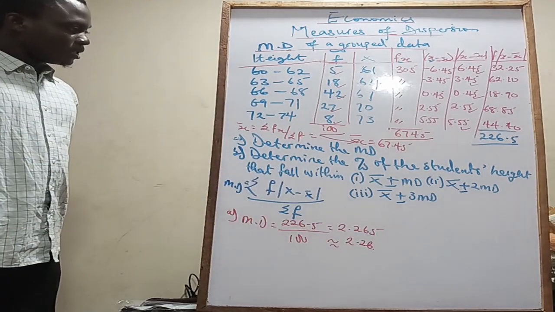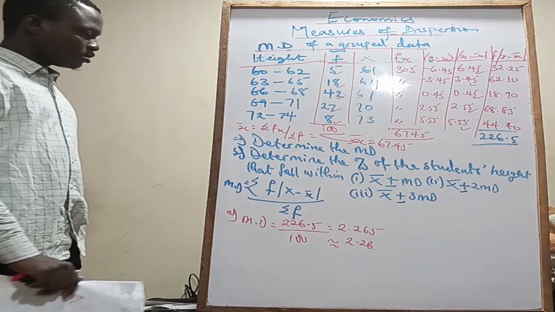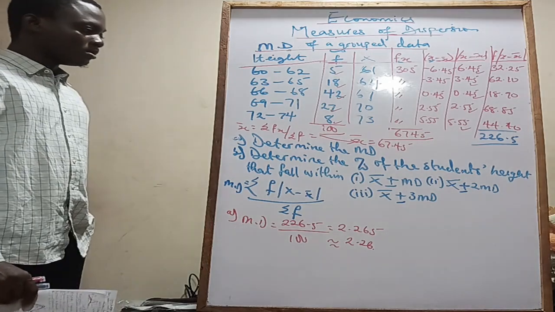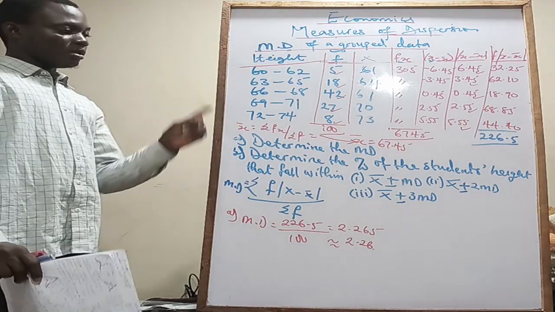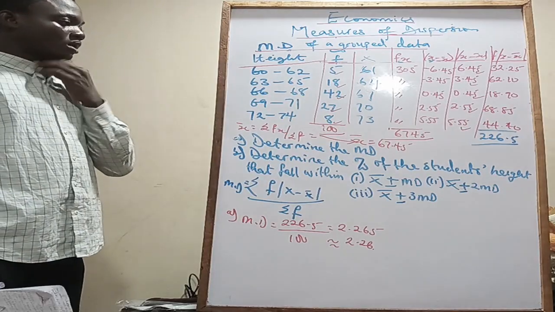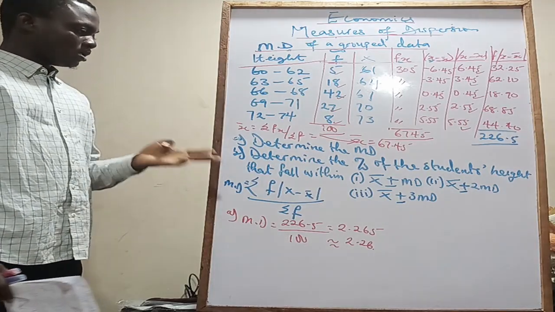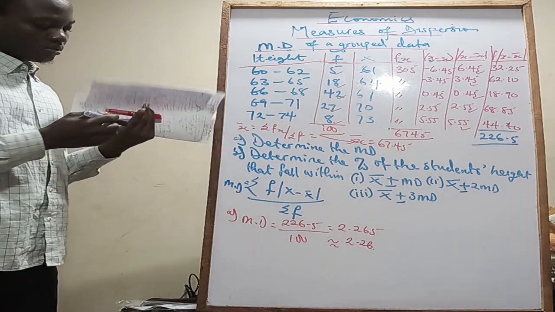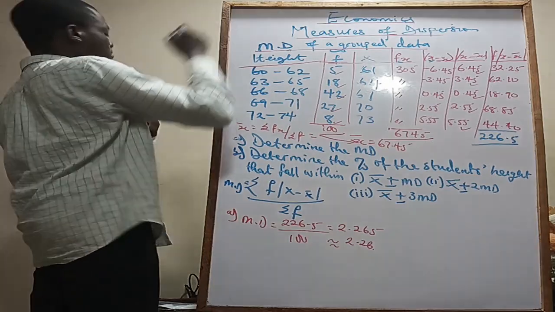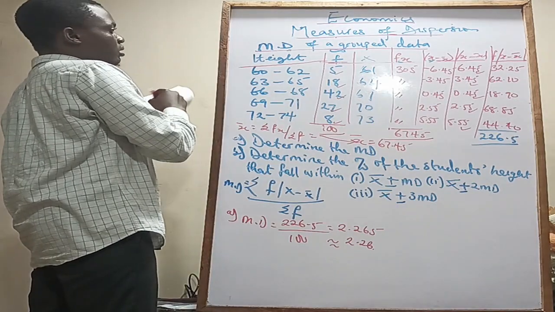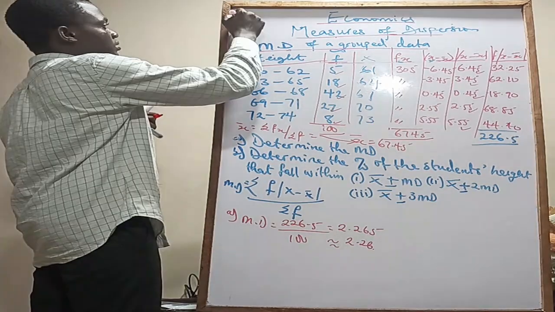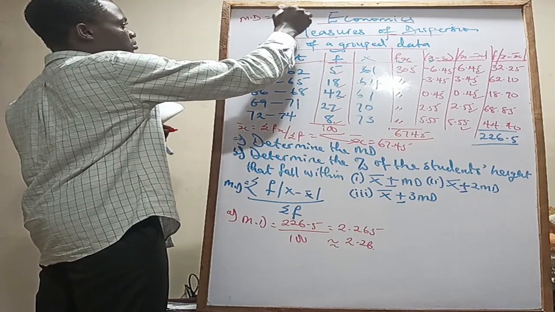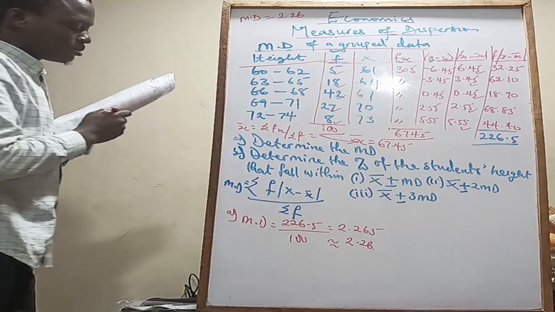So next thing is to solve question B, which is determine the percentage of students' height that fall within the mean plus, first one is 1 mean deviation, second one is the mean plus 2 mean deviation, then all of that. So let's just note our mean deviation. Our mean deviation is 2.26, to two decimal places.